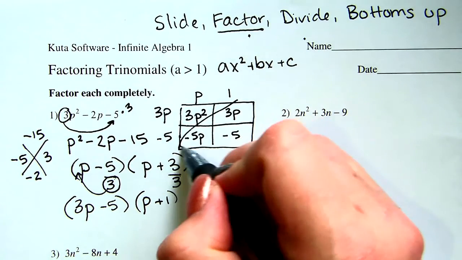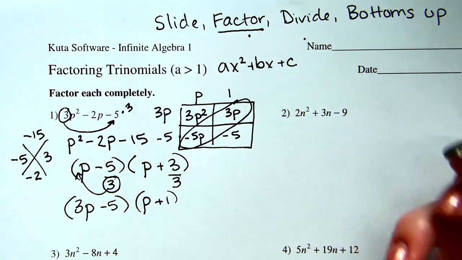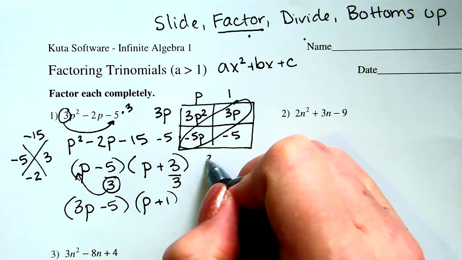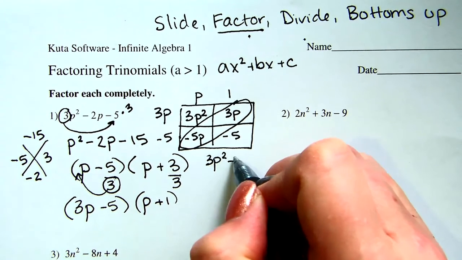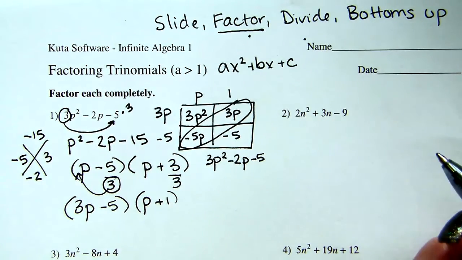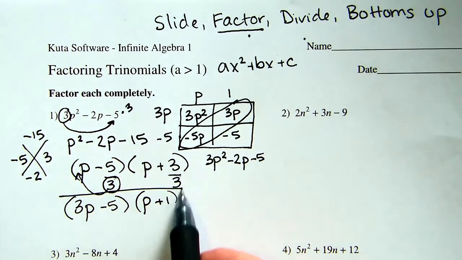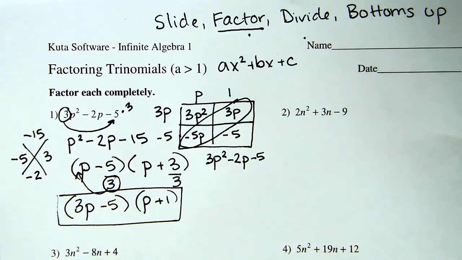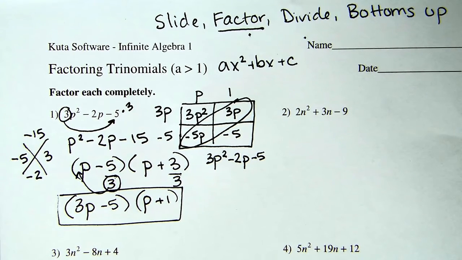We add our middle terms together. So once again, we're left with 3p squared minus 2p minus 5. That was our original equation, which means this of 3p minus 5 and p plus 1, both in parentheses, is our final answer.